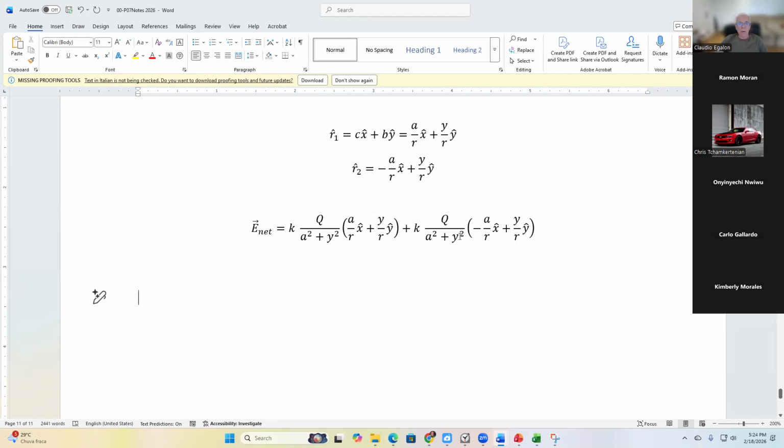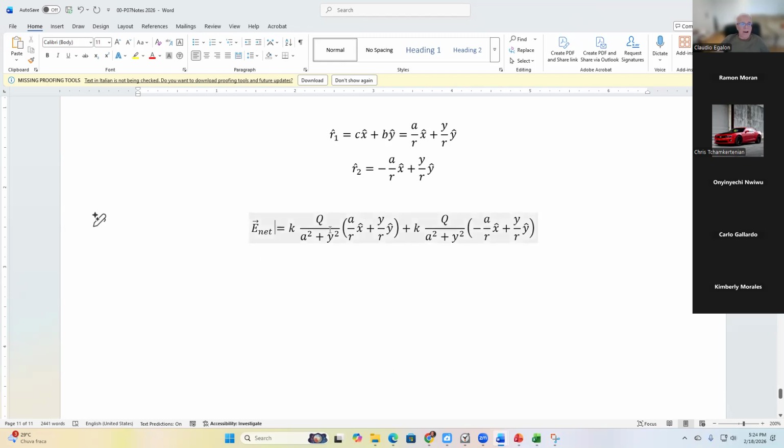And you already know that this electric field doesn't have an X component, right? You already know from the qualitative analysis that the net electric field does not have an X component. And indeed, this mathematical formula shows that the X component of the net field is canceling out. Do you see that?